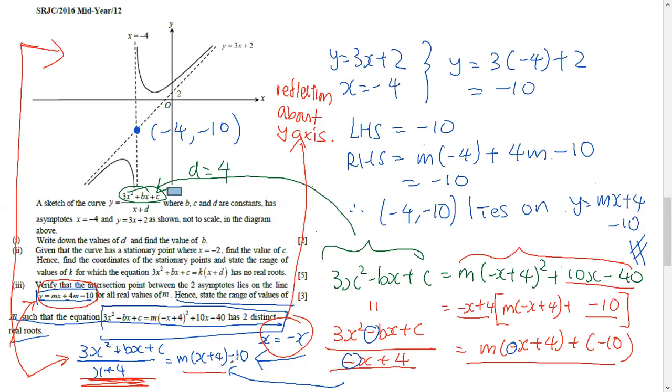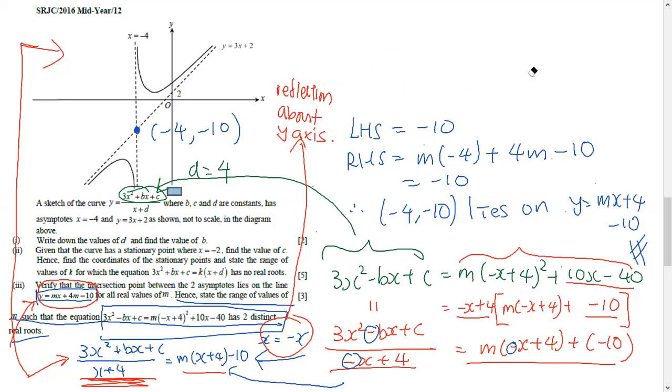But you see, if I do a random check, because previously I already proved that this equation will cut through this point here, then based on experience, if I let m be 3, this will be y equals 3 times x plus 4 minus 10, and this will land us with 3x plus 2.